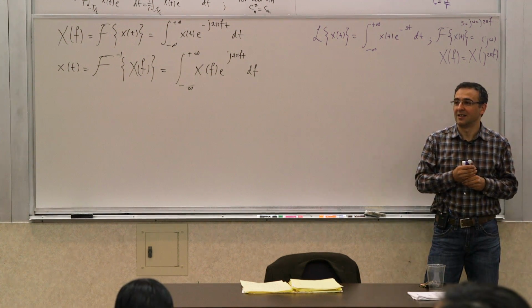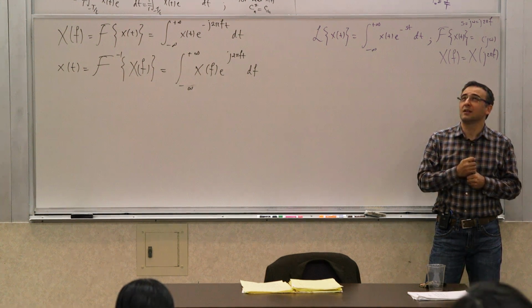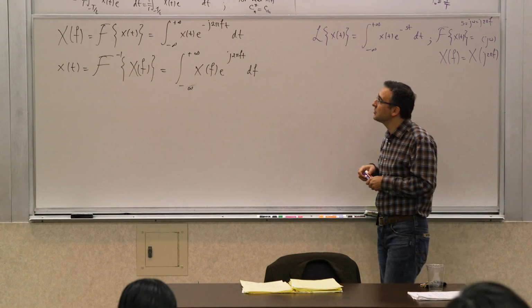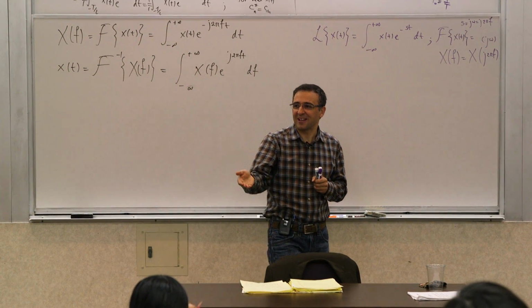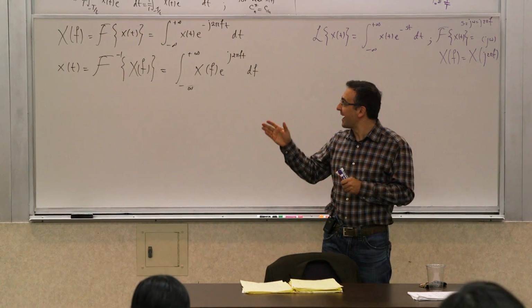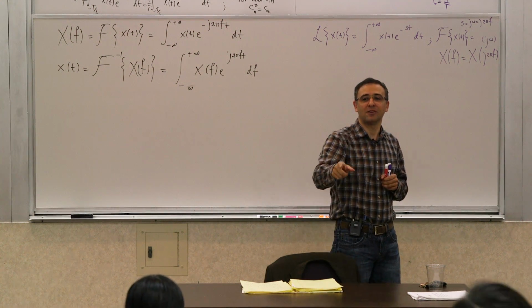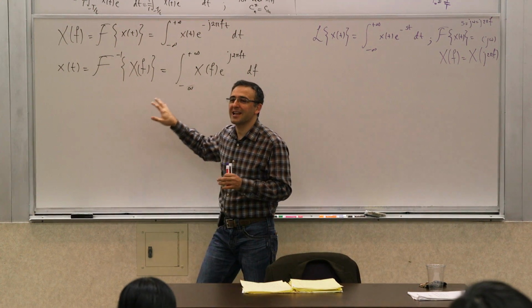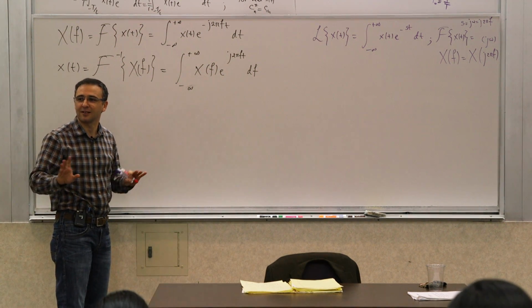Yes? Because when you evaluate on the j omega axis, some things don't converge. If that were true, that would not be an advantage, right? No, there's something happening here that you cannot do with the Laplace transform. Yes? It has an inverse that's well defined. Laplace transform also has an inverse, but it's not something that you want to calculate.